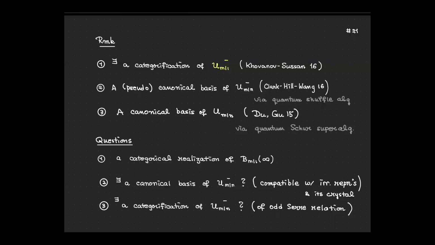Instead of using the Lusztig transformation in the super version, Clark, Hill, and Wang adopted the approach by Leclerc, who realized the dual canonical basis inside the quantum shuffle algebra. They generalized this approach to the basic classical Lie superalgebra, constructed a PBW-type monomial basis, and then considered a bar-involution. Once we have a nice integral unitriangular property, there is a bar-invariant basis. Then they show the existence of that kind of basis and call it the pseudo-canonical basis.